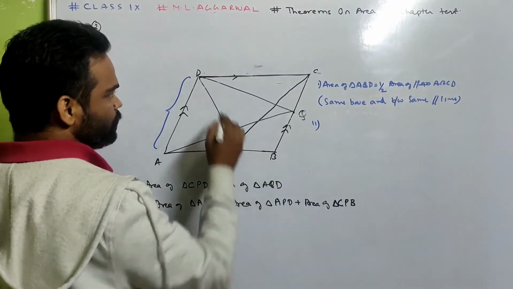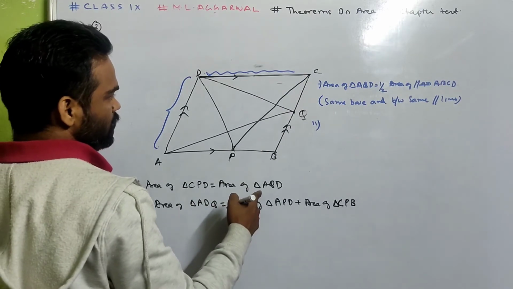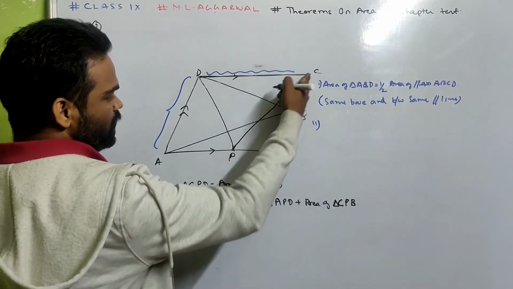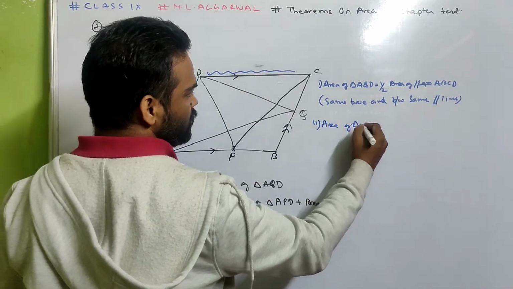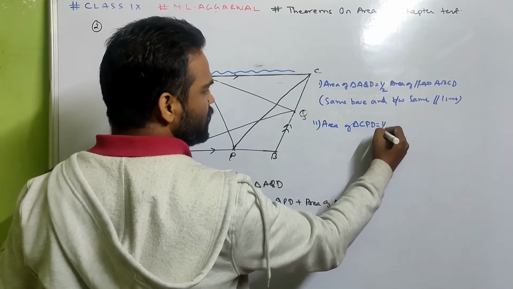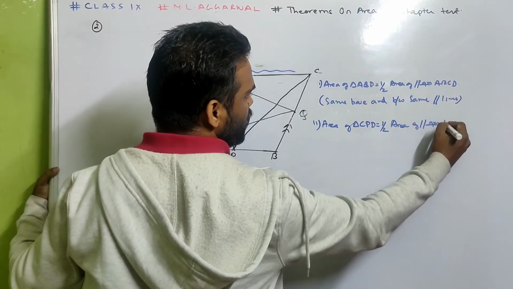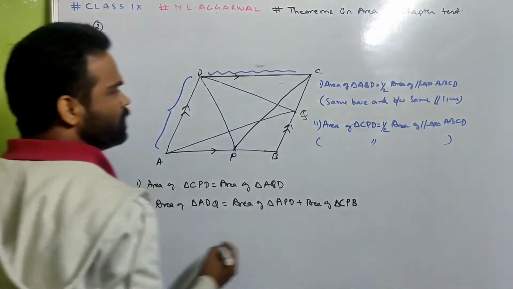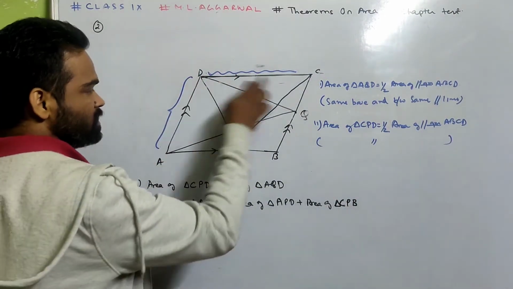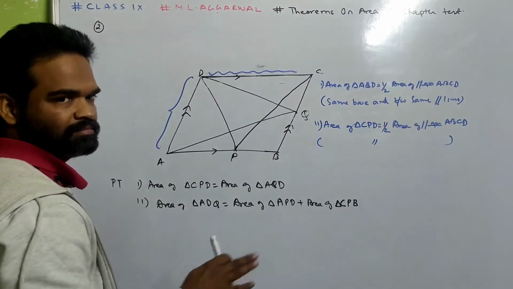Look at the second one now. Triangle CPD. Area of triangle CPD will be again half of the area of parallelogram ABCD. Why? The same reason. They have the same base CD and they are between the same parallel lines AB and CD.